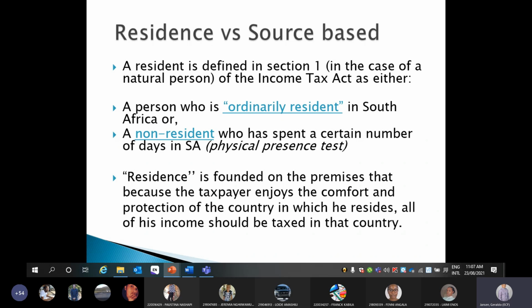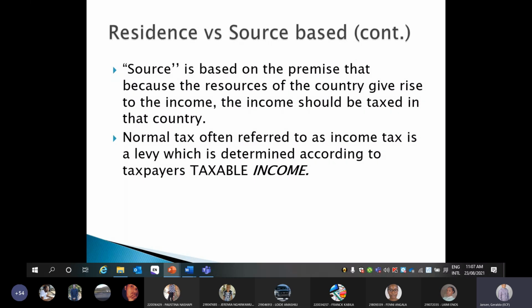So guys, that is actually the reason why we pay taxes, because we say you are enjoying our protection, you are enjoying our beautiful sunshine, even though it's not ours. It's coming from a higher power or whatever you believe in. But we say, because you are in our country, you are enjoying the peace, the stability that you see here, you will have to pay tax as a resident.